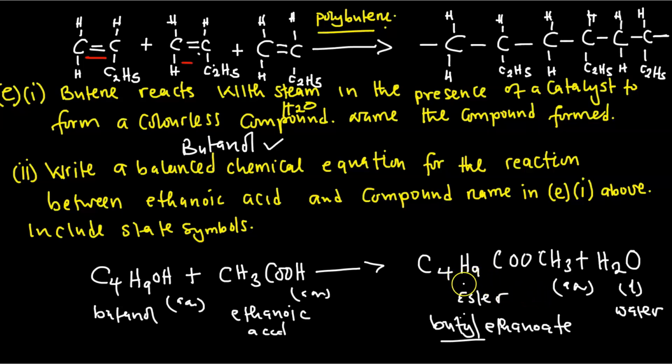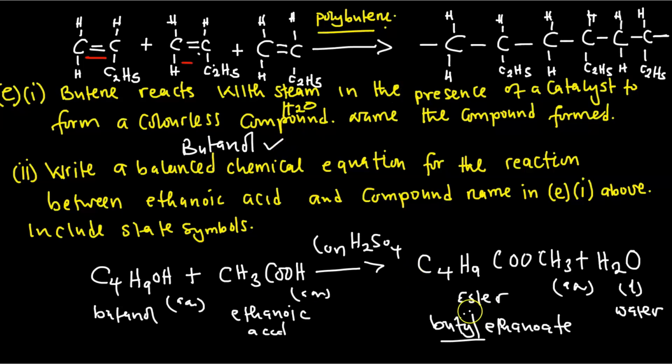Now, is the equation balanced? Here, there's a condition that we can put: concentrated sulfuric acid. That is the condition. So this is the reaction that occurs. If you are given the question to write the reaction, right here is the reaction. The colorless liquid produced here is butanol.